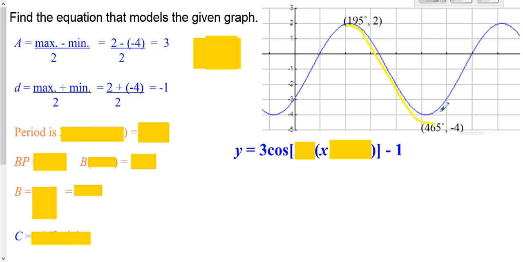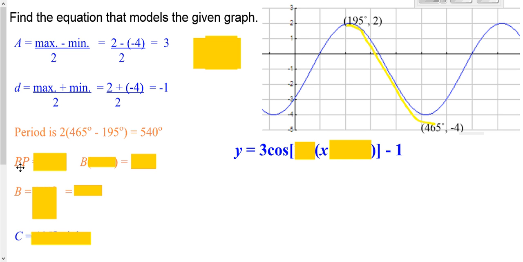If I figure out that horizontal distance, really all I have to do is double that to get the full period. So I'm going to figure out what that distance is. So 465 minus 195. And I have to double that to get the whole period. Most of the time, you're going to know the top 2 points, and you can just subtract the horizontal distance between them. So we get 540.